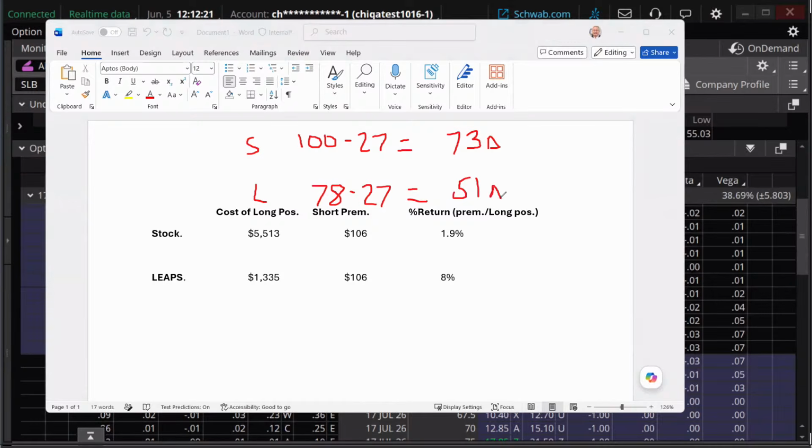So a little lower, but you still get significant returns. It's still a bullish position. For the price of the stock, instead of a $5,500 investment, a $1,300 investment, I'm rounding here, is going to give us 78% of the move, just looking at the long positions. So that's the difference there.